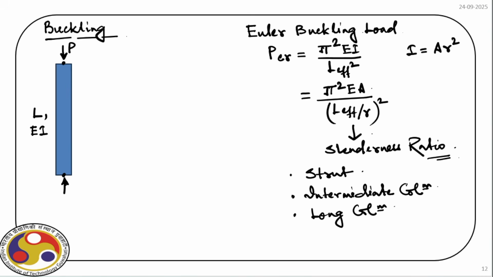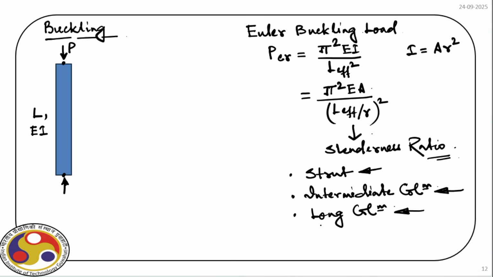So what is the difference? Difference is in their failure mode. So when we have short column, it fails due to crushing, while if we are in long column, it fails due to buckling, and when we are at an intermediate stage, the stress is actually contributed by the axial compression as well as buckling, right?